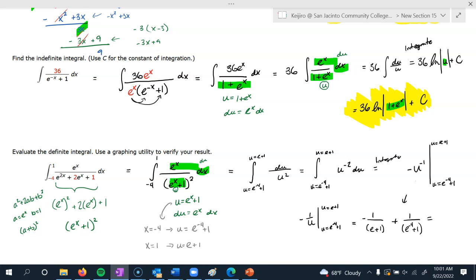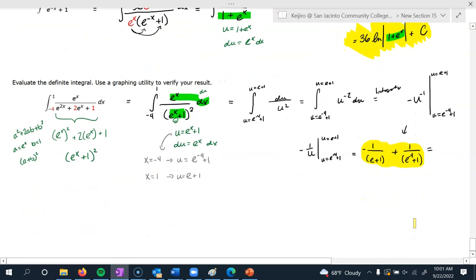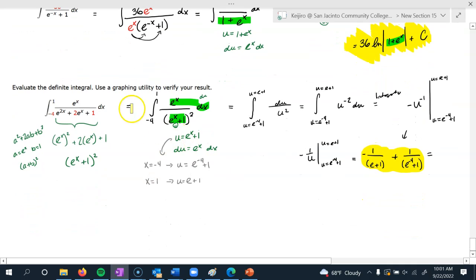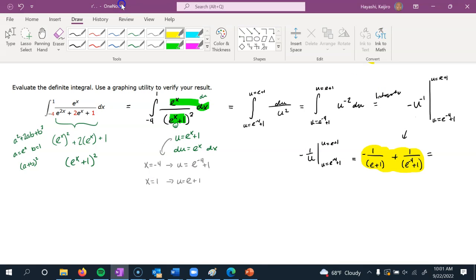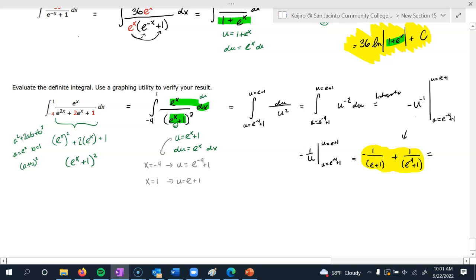You know, maybe write the e to the negative 4 as 1 over e to the 4th, combine the things, resolve the complex fraction. But this should probably be good enough, whatever value this ends up being. And that's it. That's the last one.